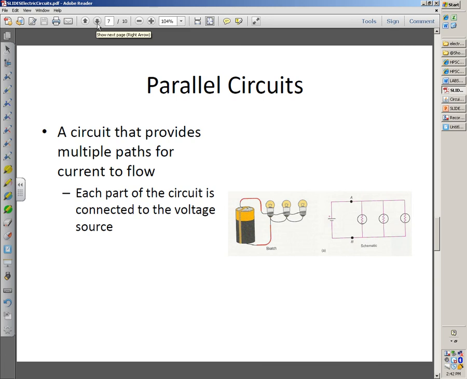Multiple ways that those charges can go from high potential energy to low potential energy. So a circuit that provides multiple paths for current to flow.